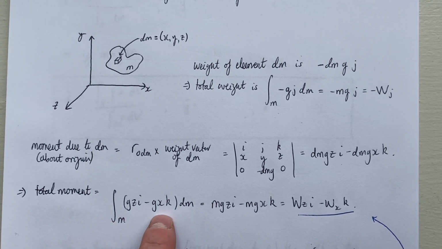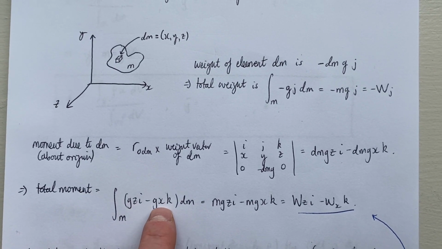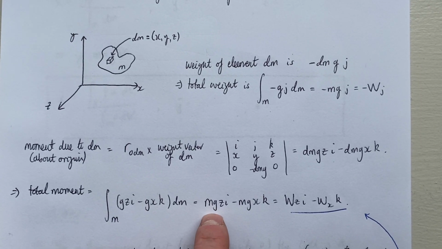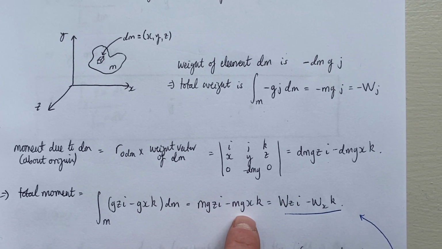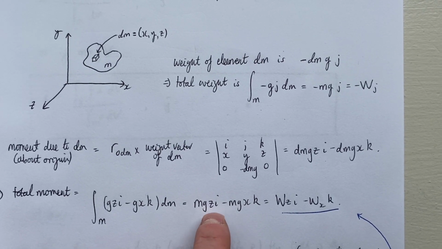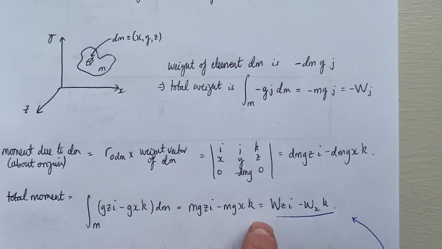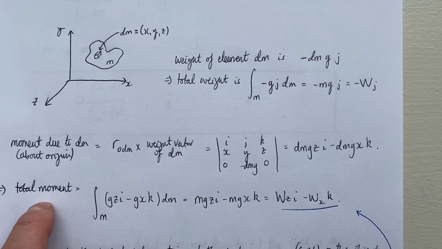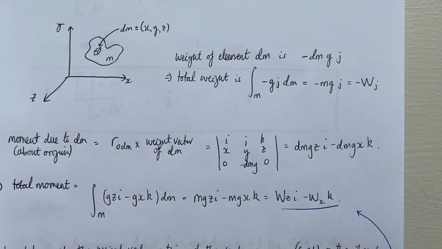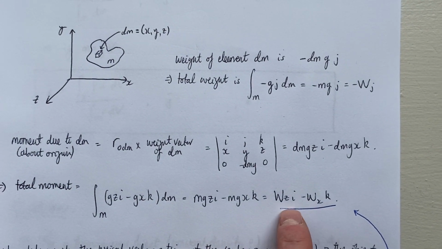If I integrate this with respect to m, I just get m in both of these terms, and so I get these m g's floating around, which, as we've said a couple of times now, mass times the acceleration due to gravity is just weight. So I can write the total moment due to this whole arbitrary blob as given by this expression here.